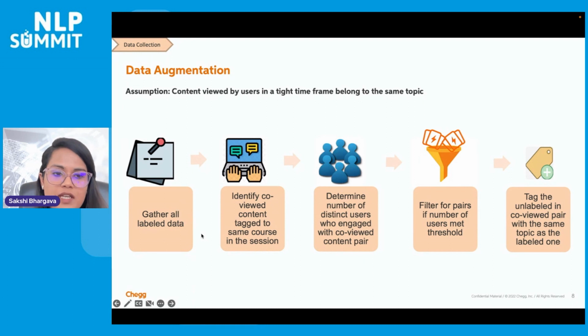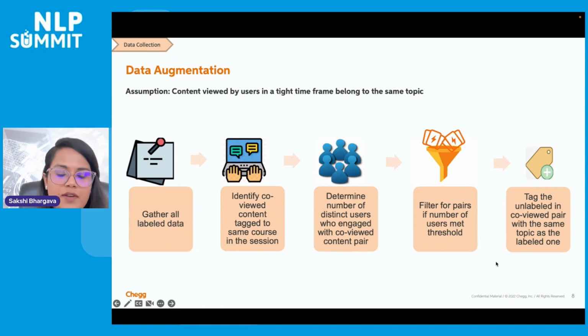So this is our underlying assumption. Once we have gathered all the label data, we take one content item which is already labeled and analyze the co-views, basically all the other content which was viewed close to it in the same student session.